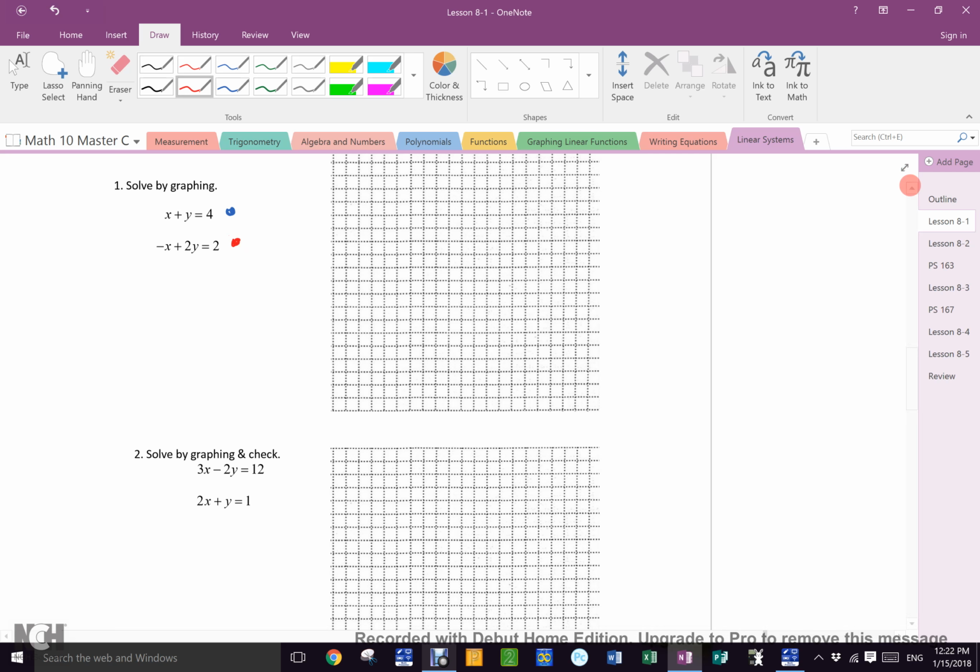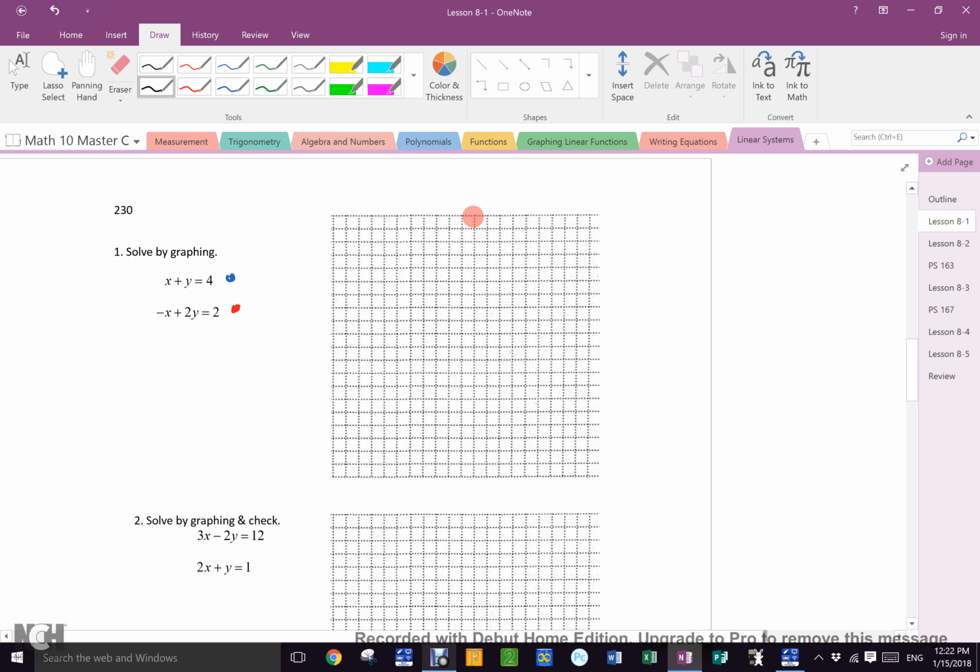How do we graph them? What would you do with the blue one if you were going to graph them?